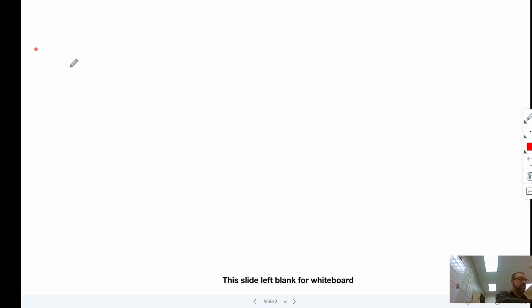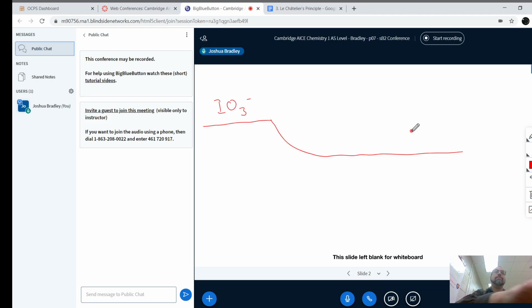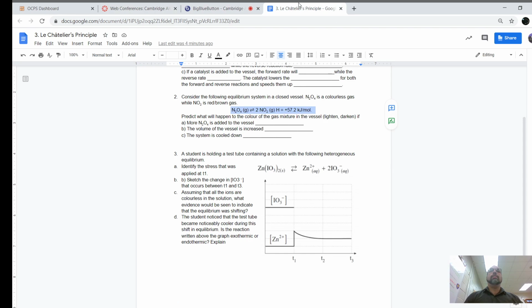So we have our IO3 at its initial state, but because we added more, it's going to decrease slowly until a new equilibrium has been met. That's because we added more reactants to that one side, and it'll push it towards the left side.